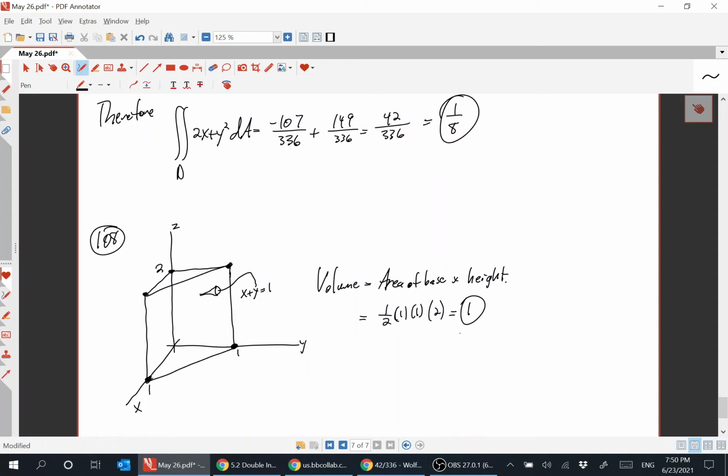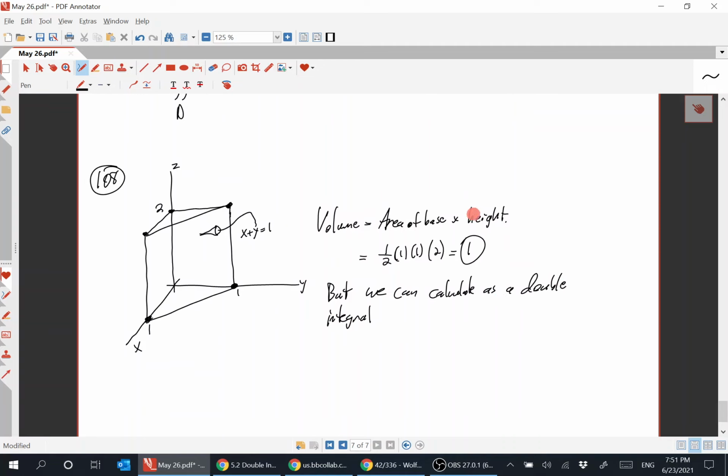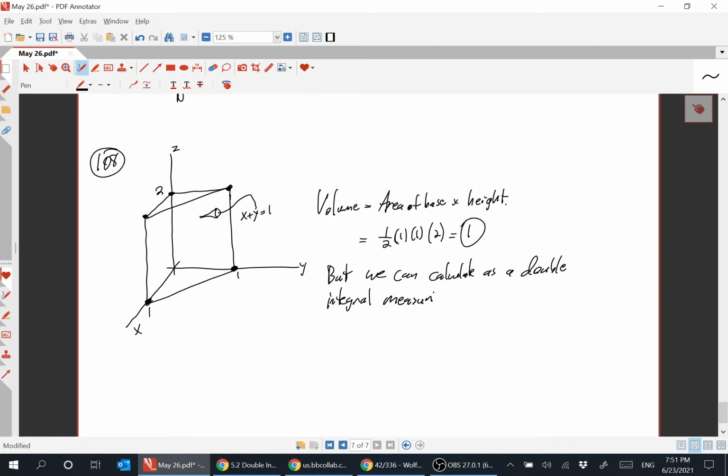But if you want, you can calculate this as a double integral. I mean, we don't have to. We know what the answer is. As a double integral, right, measuring the volume of the solid under the function. Under what function? z equal to what?